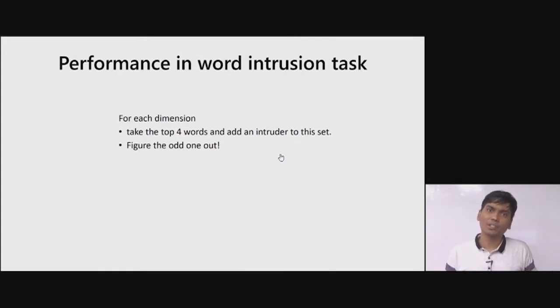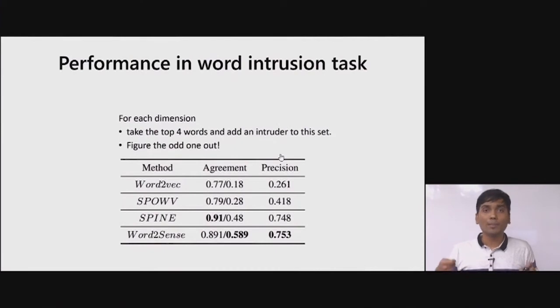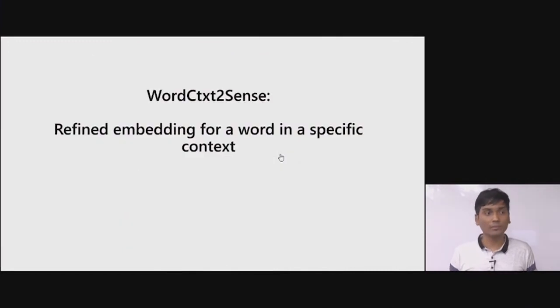We had some 300 questions and we asked more than 3 judges on each question, and 75% of the questions were answered correctly by our judges through majority voting, which is close to the state-of-the-art interpretable embedding SPINE.